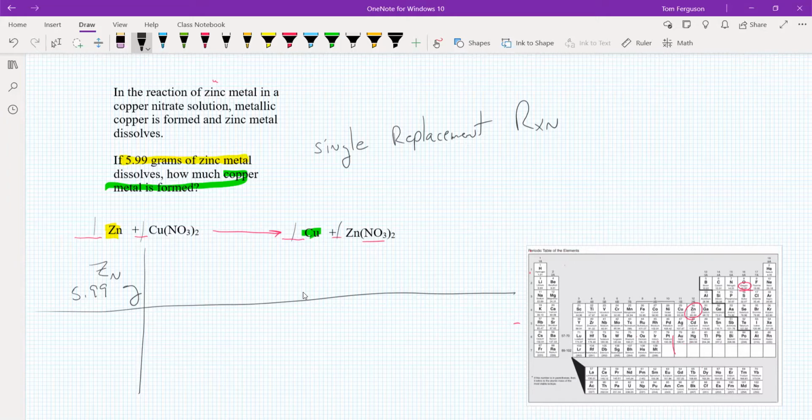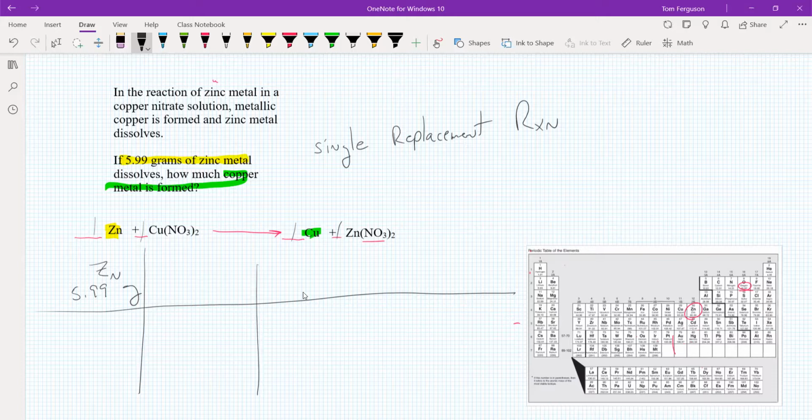In this case, it's grams, but we could have atoms of zinc. We could have liters of zinc gas at some ungodly high temperature, like 6,000 or 7,000 degrees centigrade. Zinc metal would probably be gaseous. Whatever. We need to convert that to moles.